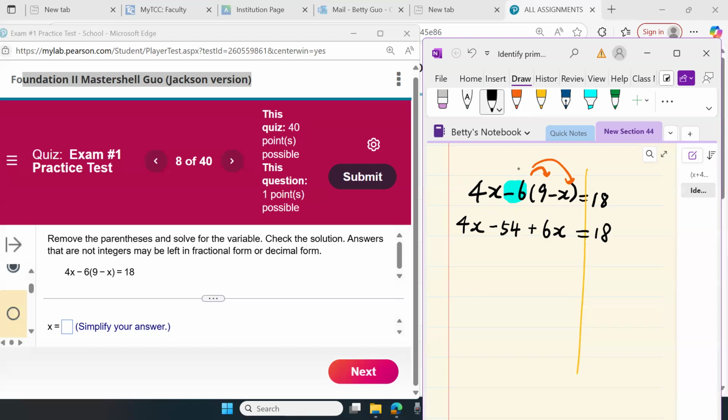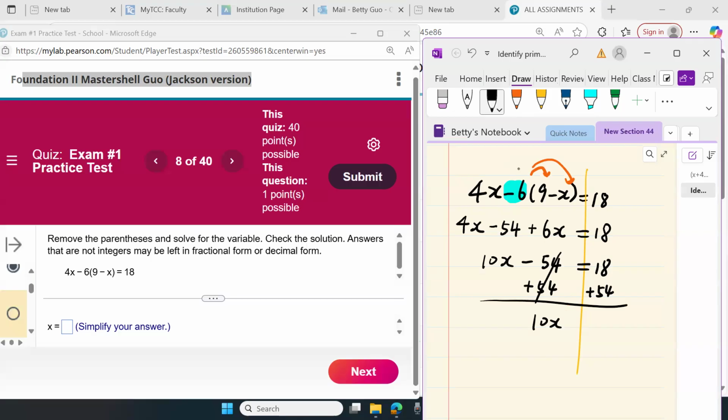Equals 18. Can we further simplify the left side? Yes, because we have two terms that are like terms that we can combine. 4x plus 6x, 10x minus 54 equals 18, right? And then we add 54 to each side. Cancel.